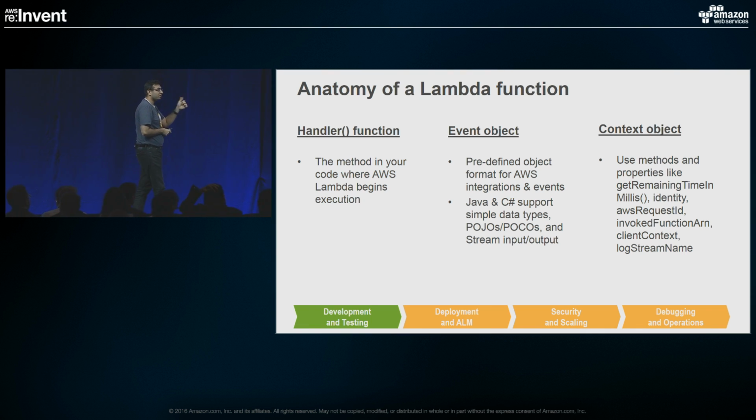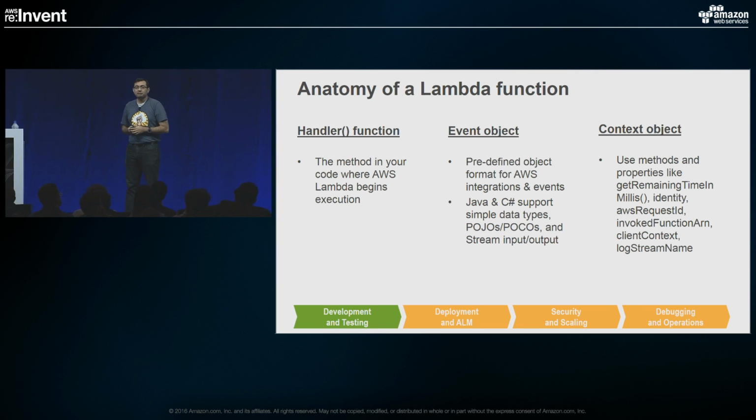And remember, these objects are normally typed JSON, but simple data types are also allowed. If all you want to pass is an integer, then you can do that. But you can also pass POJOs and POCOs for Java and C# respectively.